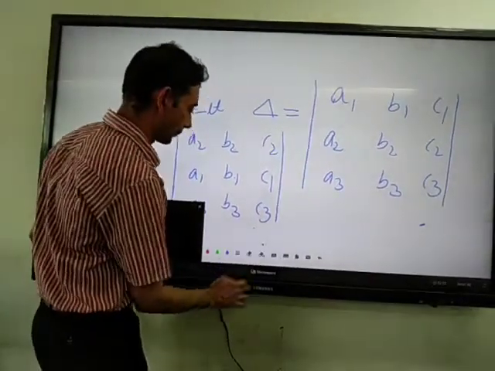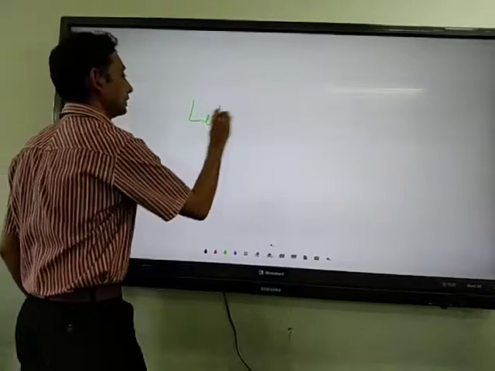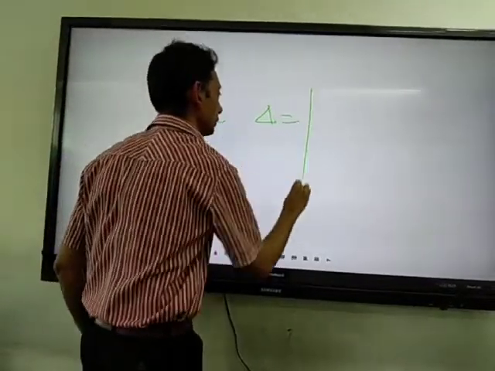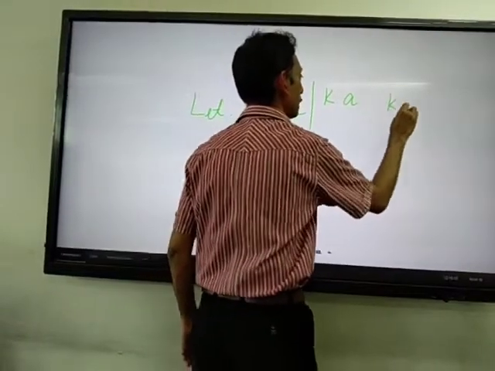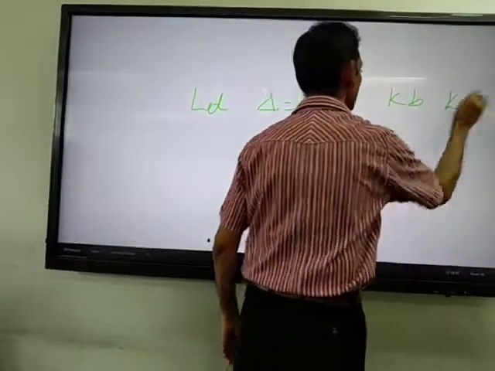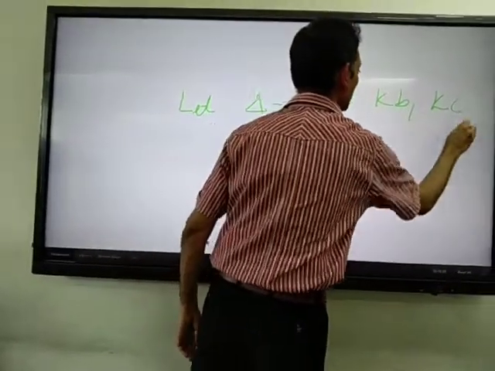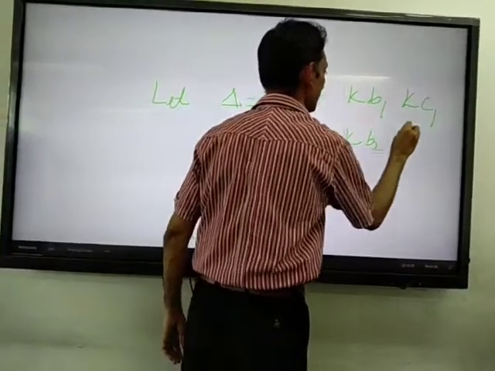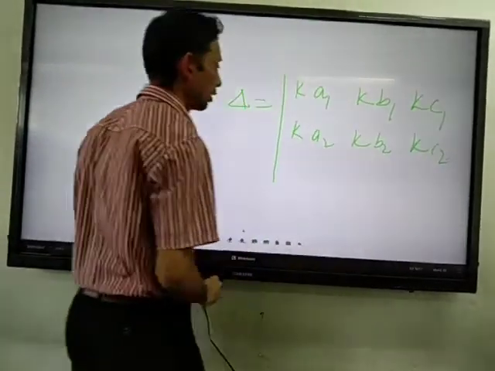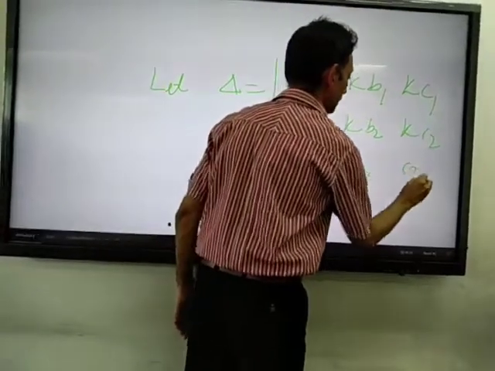Let delta be equal to ka, kb, kc, then ka1, b1, c1, ka2, kb2, kc2, then a3, b3, c3.